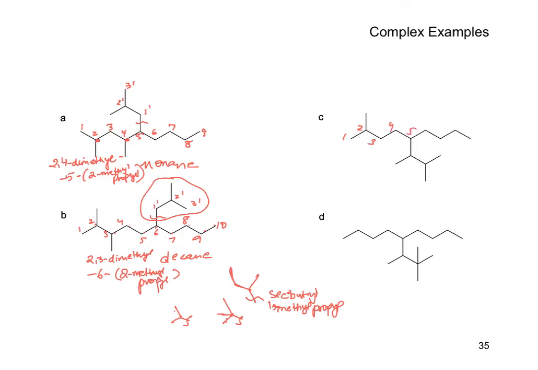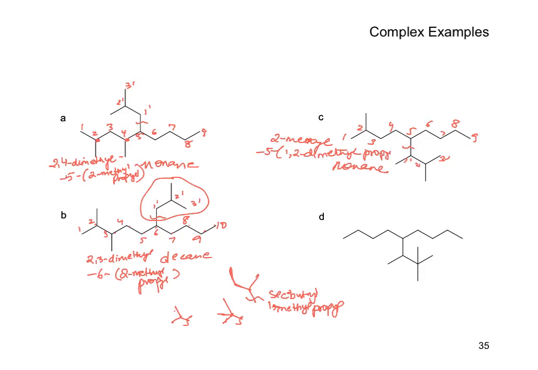3, 4, 5, 6, 7, 8, and 9. So that's a nonane. It's the nonane with the second position having a methyl. And what do we have at 5? We have 1 prime, 2 prime, 3 prime. So 1, 2 dimethyl propyl.